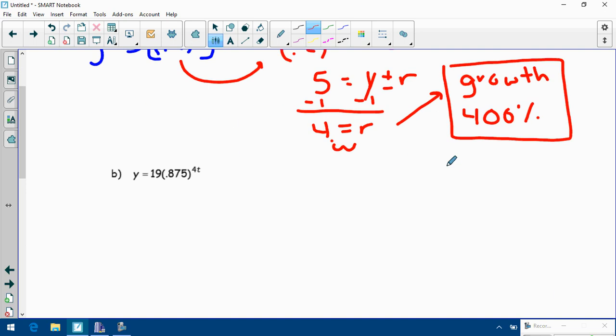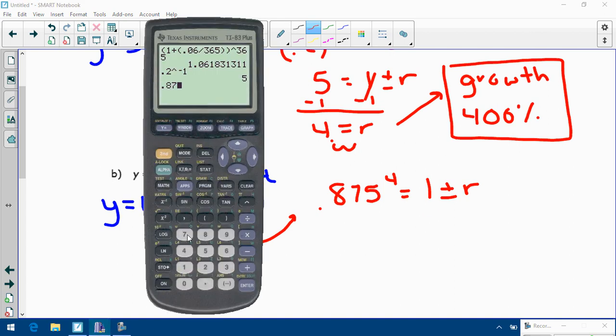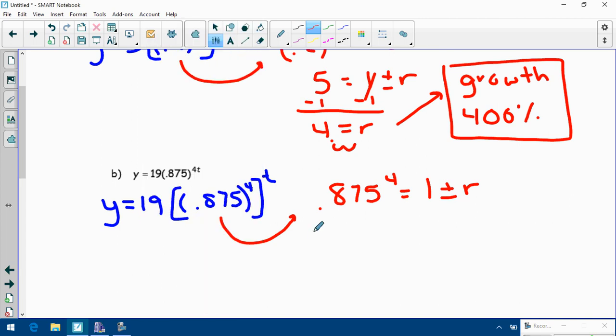Okay, good. Here's B. y equals 19 times 0.875 to the 4t. So what's being raised to the t? Not the 19, just 0.875 to the 4th. All of that's being raised to the t. So I take that, 0.875 to the 4th, set that equal to 1 plus or minus r. 0.875 raised to the 4th is 0.5861 equals 1 plus or minus r.